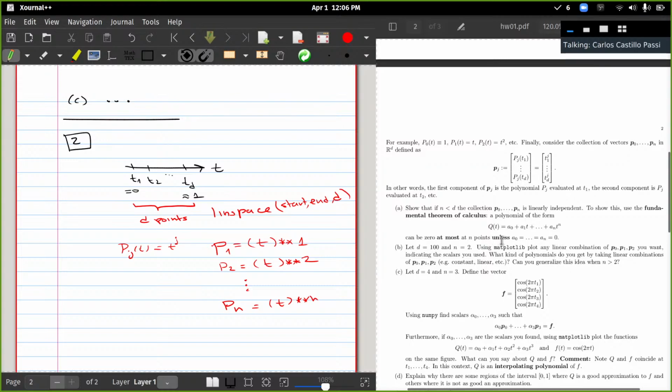I think this is not the fundamental theorem of calculus, it's the fundamental theorem of arithmetic. No, it's not the fundamental theorem of arithmetic. It's the fundamental theorem of something, but I don't remember what.